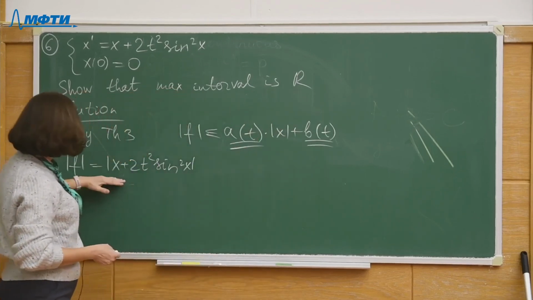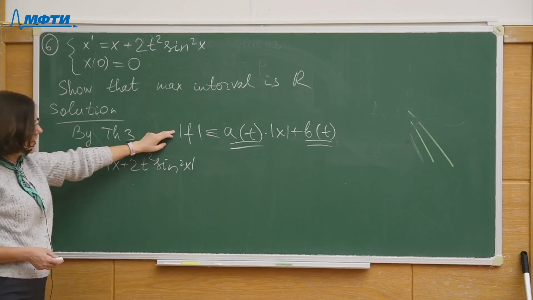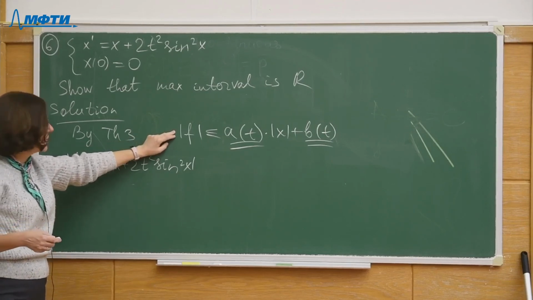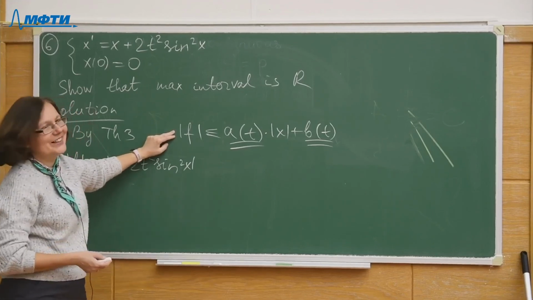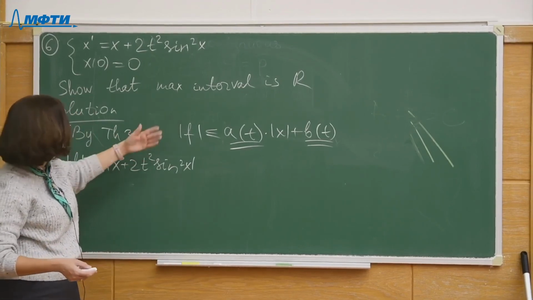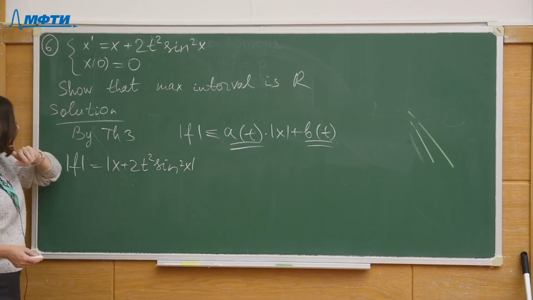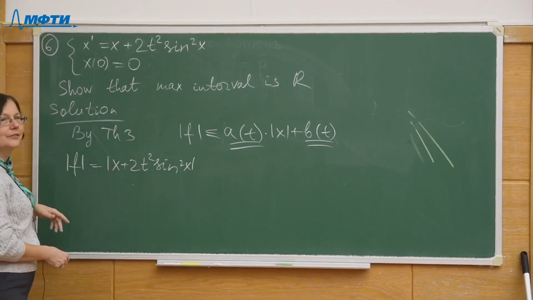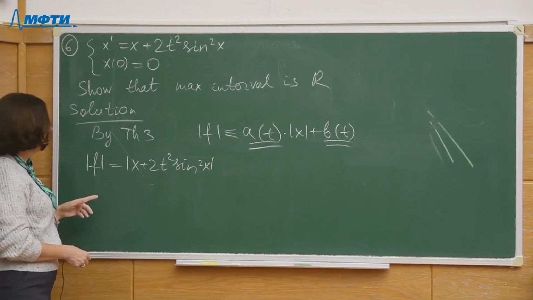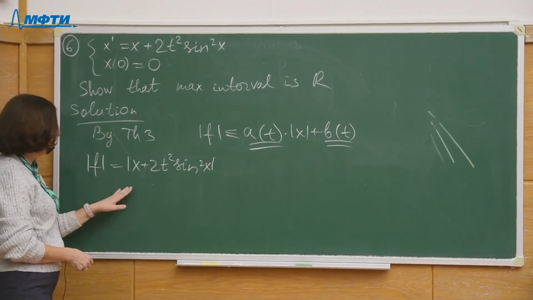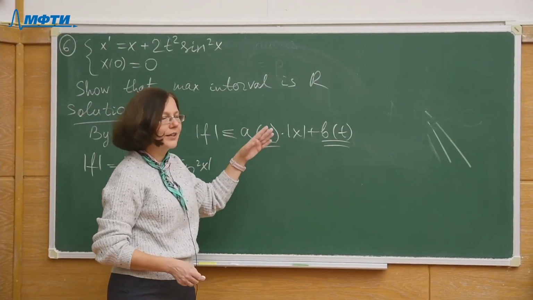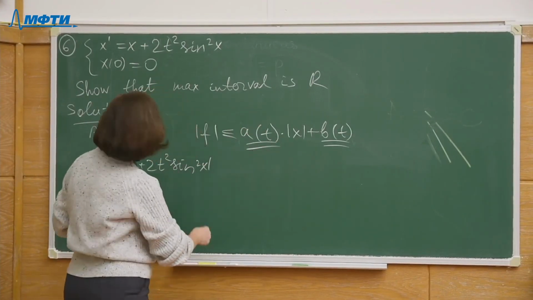If this inequality is true for any t from R, then the solution is defined in R. In other words, A and B equal minus infinity and plus infinity. But a and b should be finite and continuous.